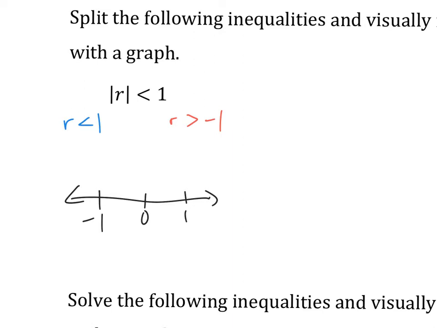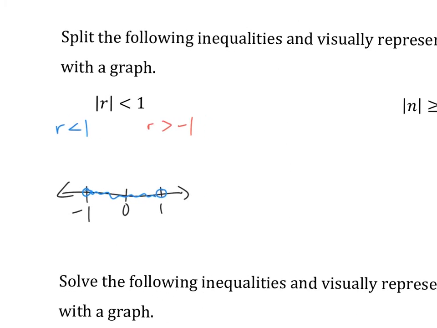R is less than 1, so we'll have an open circle at 1, and r is greater than negative 1, so again an open circle at negative 1, and we shade in between those two, because r is less than 1 and r is greater than negative 1. So this is any number that's no more than a distance of 1 away from 0.